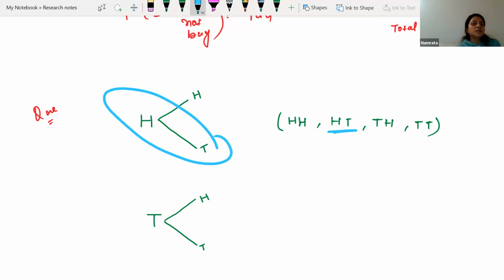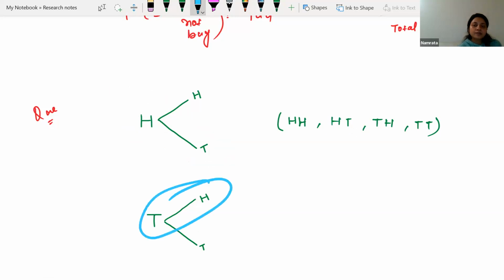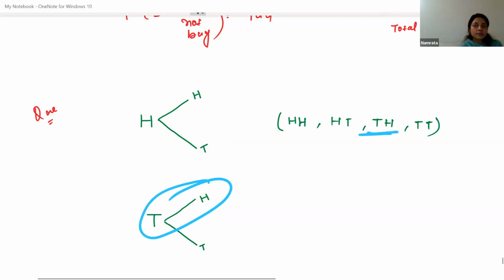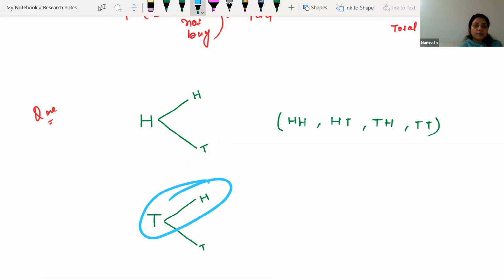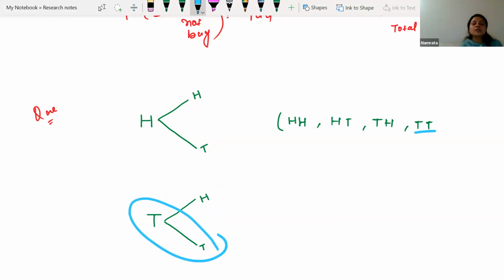Just I am making a tree, okay, or tail head, or tail tail. These are all the possibilities which can occur.